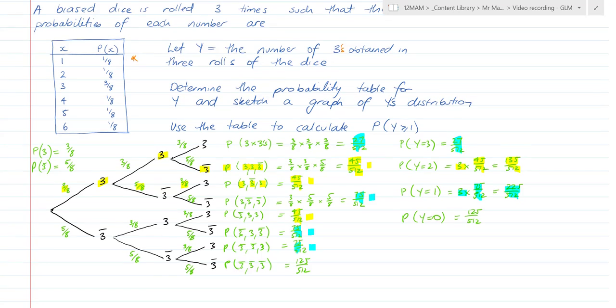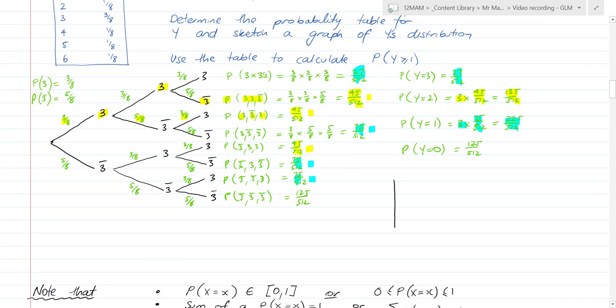Graphically, just really quickly, that will look like this. We can get 0, 1, 2, and 3. This is our y, and this is our probability of y. And so our probability of y has a maximum of 1, of course. And I can plot these. So 27 over 512, let's say I'm going up in approximately 50 over 512.